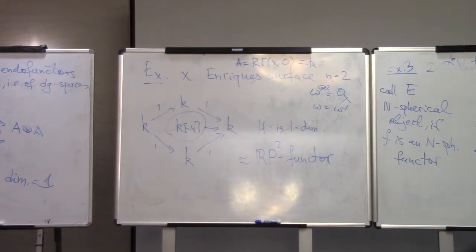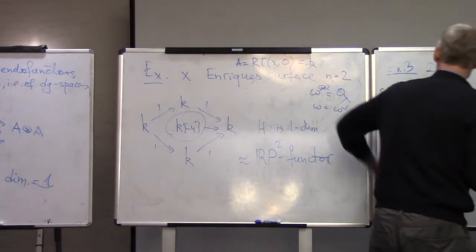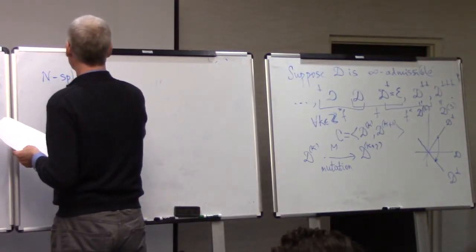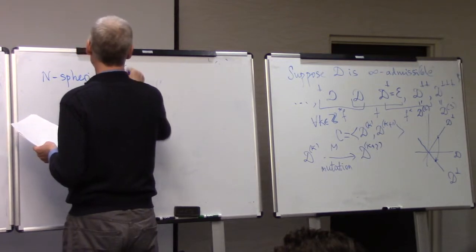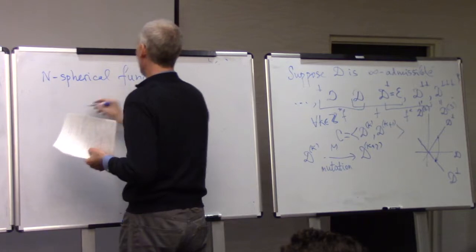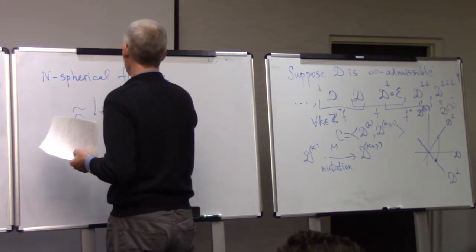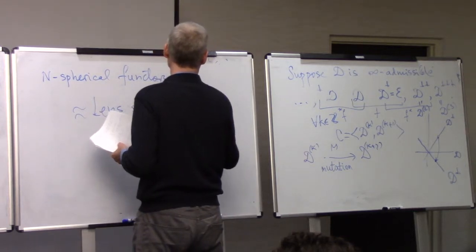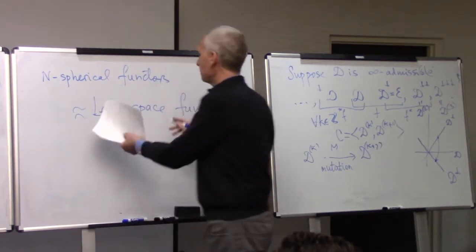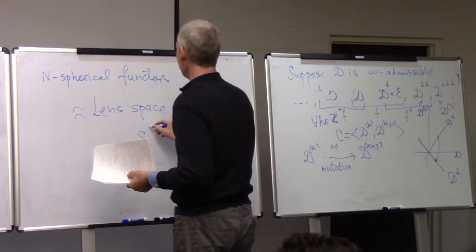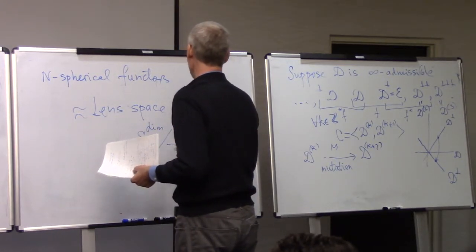So maybe let me finish by just giving the conceptual meaning of an n-spherical functor. A better name for this would be something like a lens space functor. Lens space: something like a sphere of some dimension, modulo Z/p.